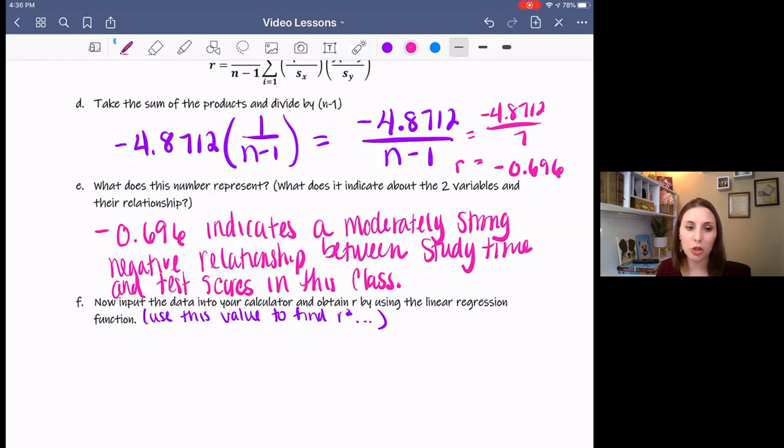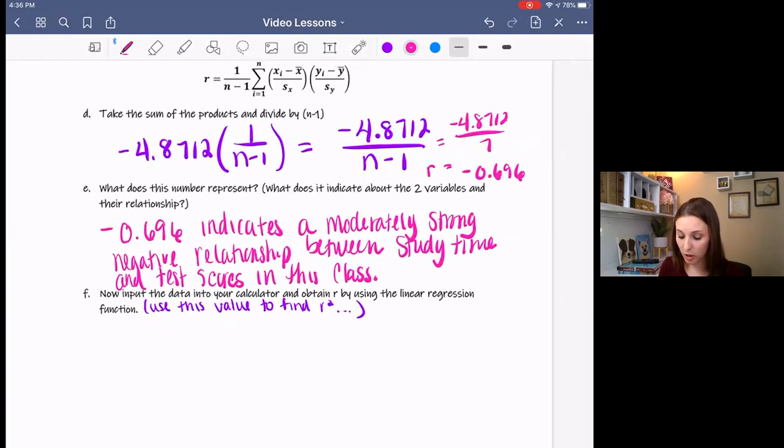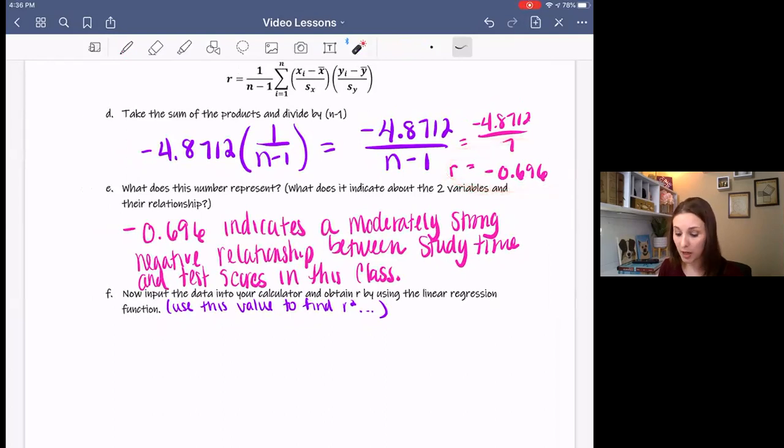So now I want you to input this data, if you haven't already, into your calculator, into Stat Edit, and then go to Stat Calc and go to linear regression, just like we did for the linear regression equation and coefficient of determination. Go down to the very bottom, and it'll say r. See what you get there. It should be very, very close to what we found by hand. So pause it, do that, and come back.